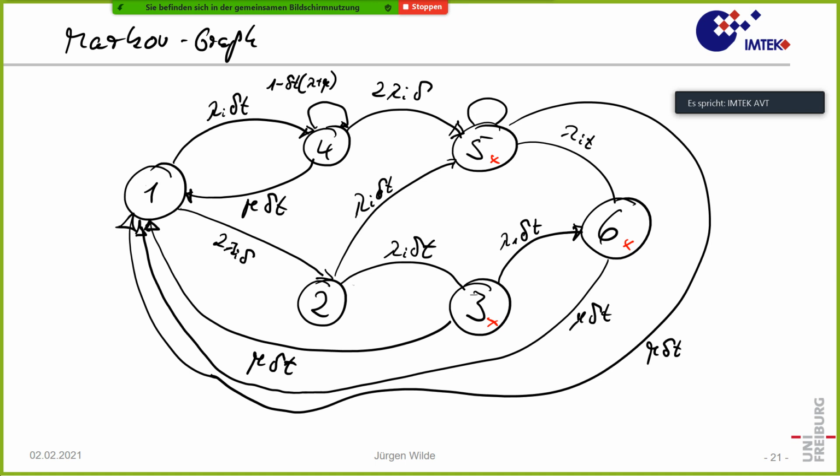Here it is. That is correct. 2 lambda. Yeah, it's 2. 1 minus dt. And here we go away with lambda and with mu dt.